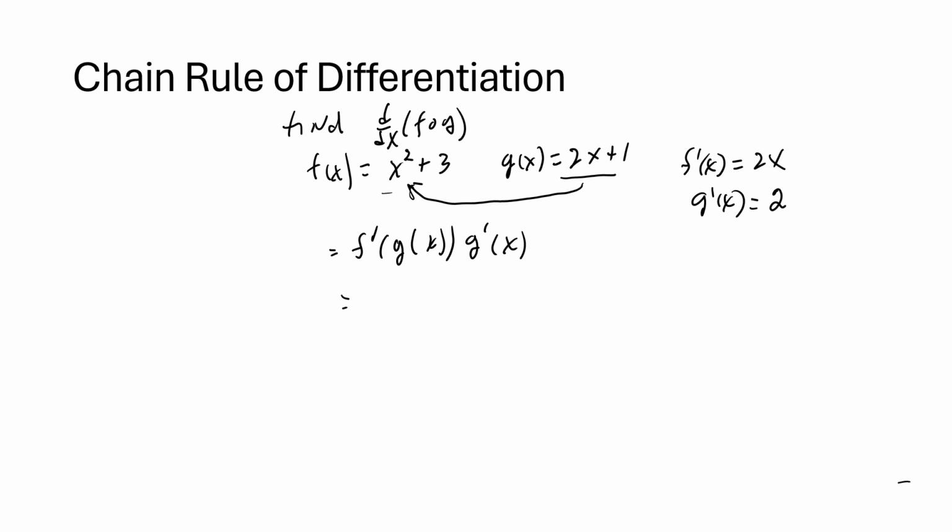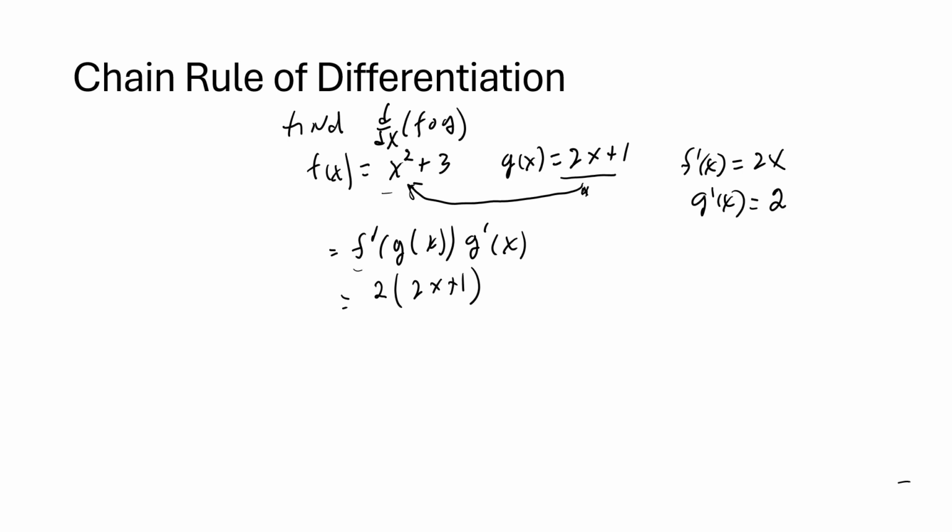Now, f prime evaluated at g of x is going to be 2 times g of x, and that's going to be 2 times 2x plus 1, because there's our g of x right there.